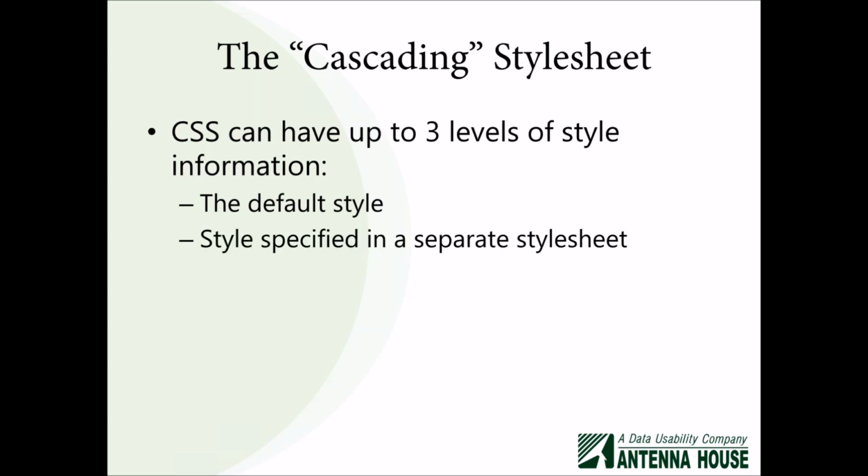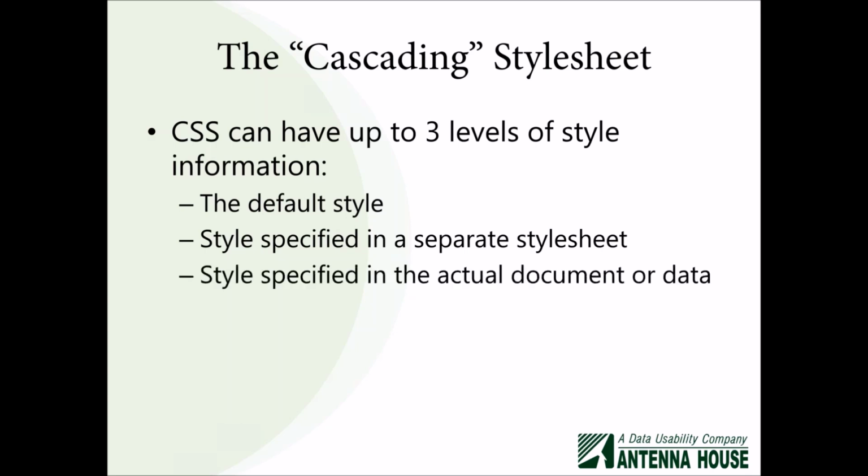You can have a separate style sheet that overrides the default styles. And then you can actually put style information in the document or the data, and that overrides the previous 2 styles.